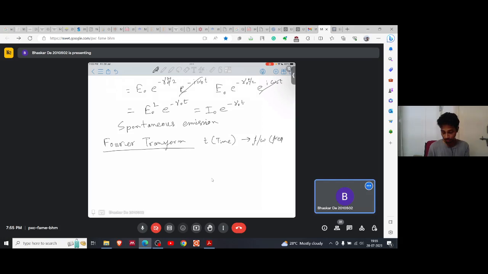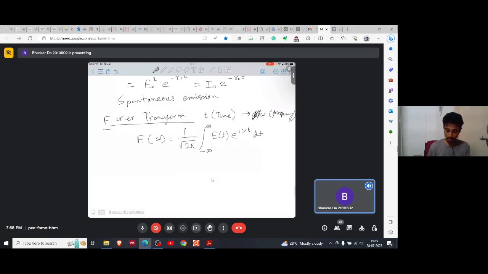This is done using this formula: E(omega) equals 1 by root 2 pi, integral from minus infinity to plus infinity of E(t) e to the power i omega t dt. This is the law of Fourier transform.